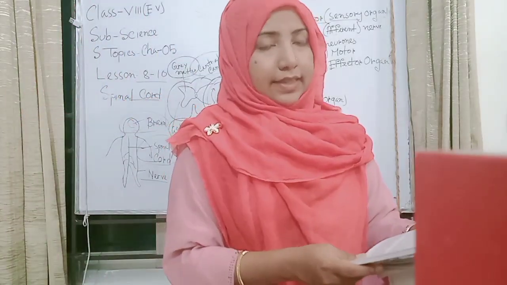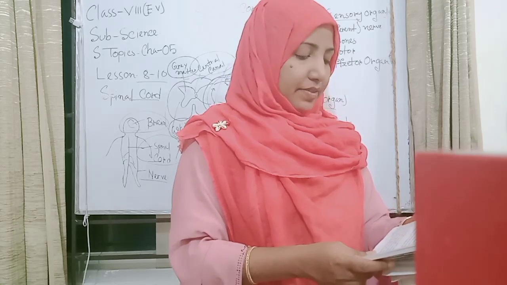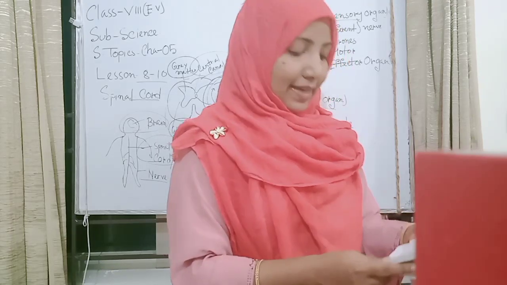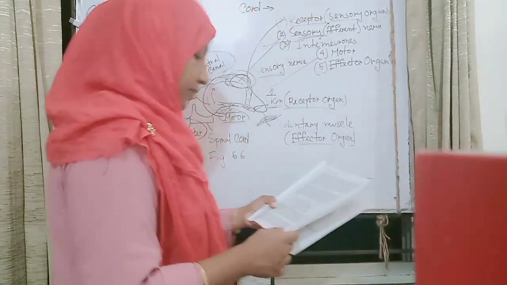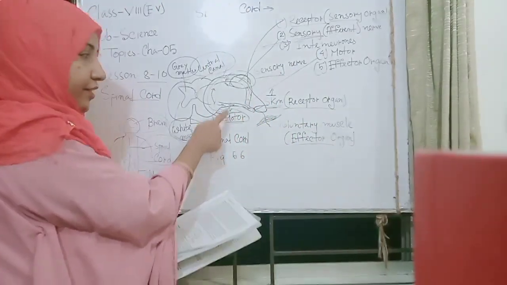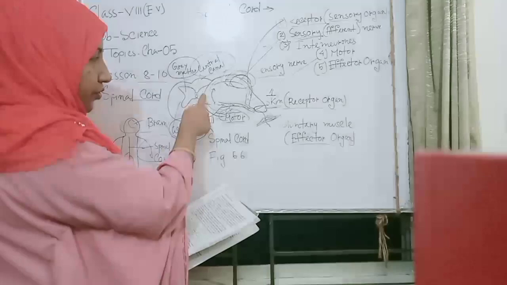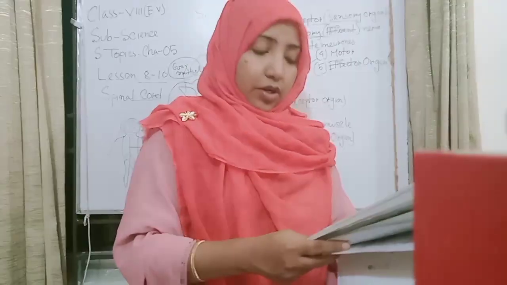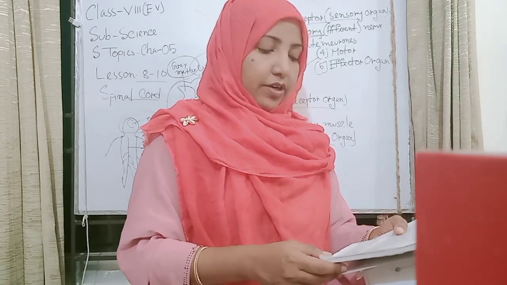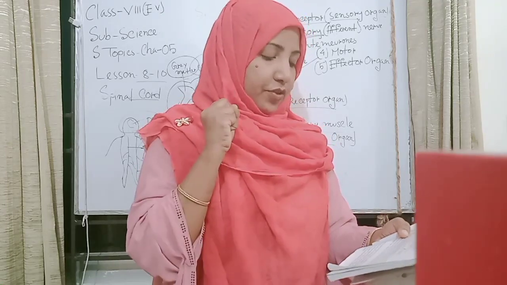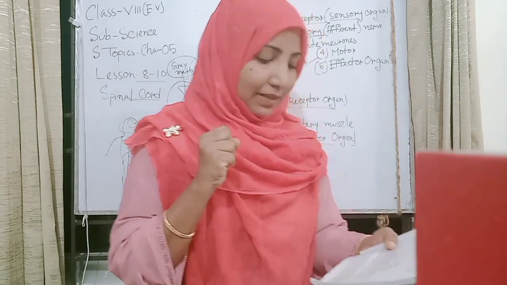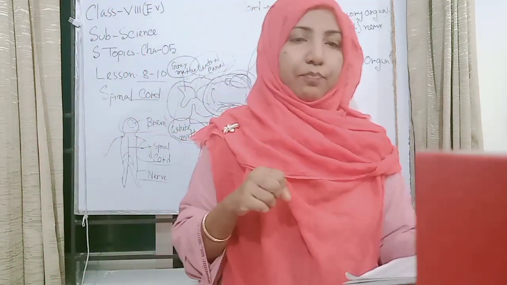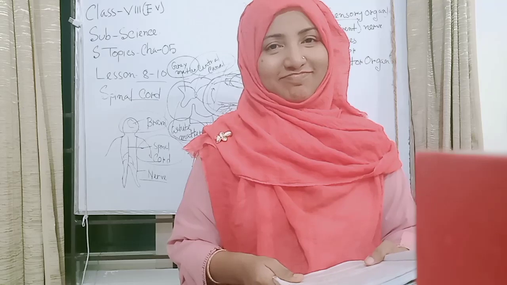The motor nerve carries the message from the spinal cord to the muscles. The effector organ shows response to the stimulus, and consequently the muscles contract and we withdraw our hand from the painful stimulus.